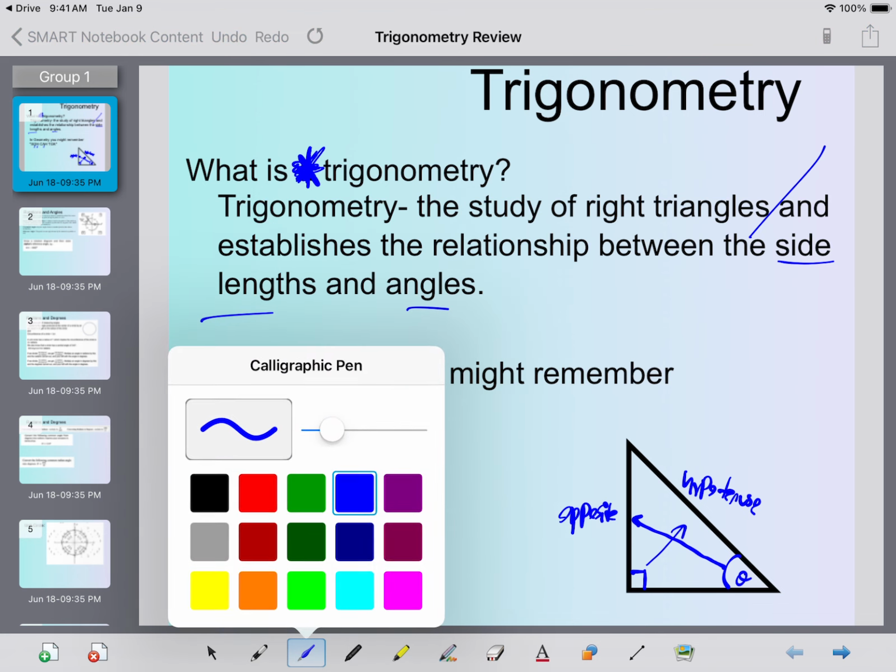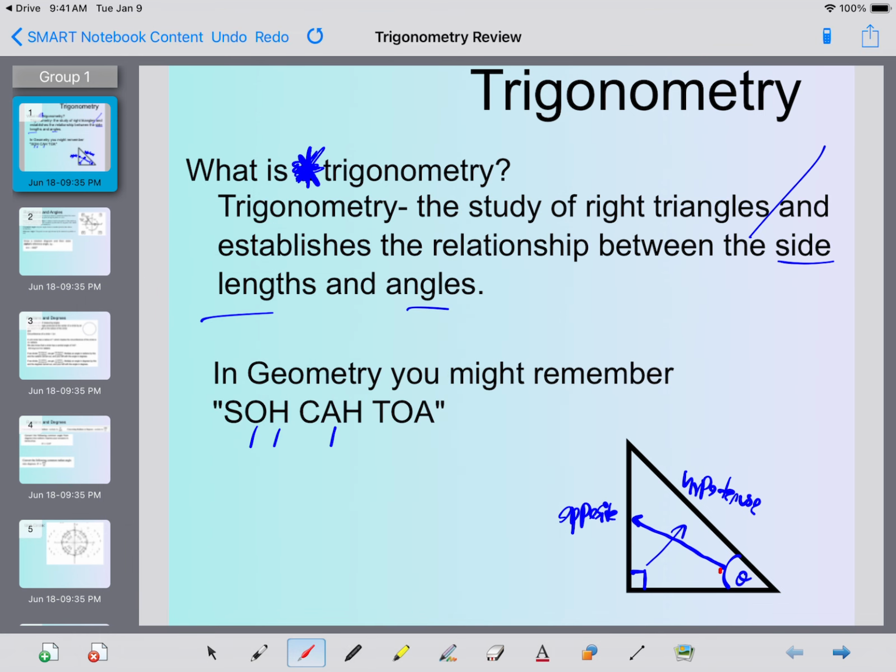Your adjacent side is that neighboring side that is not across from the right angle. So, in SOHCAHTOA, what is SO, right? SO is sine theta equals opposite over hypotenuse.